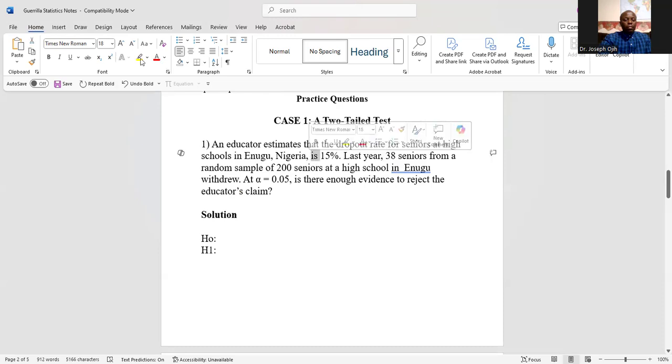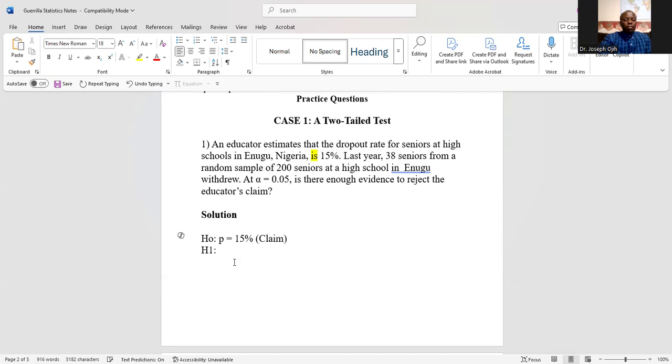Is means equal. So we have P equal to 15%, and that is the claim right there. So in this case, the claim is in the null hypothesis.